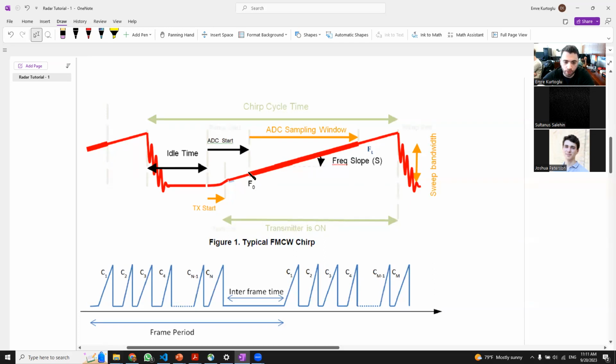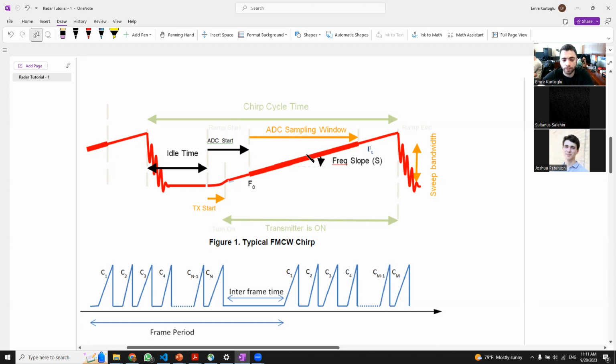For example, this thick part in the chirp is where the ADC sampling window is. On this slope, we will take a certain number of samples. In our implementations, we usually take 256 samples from this interval, and we call them ADC samples.